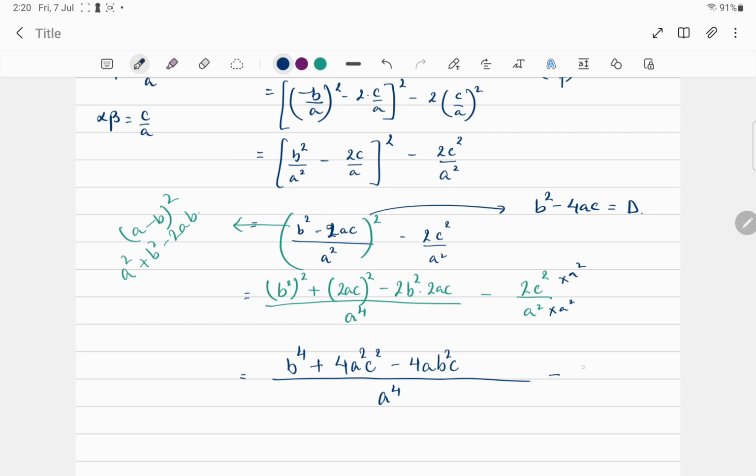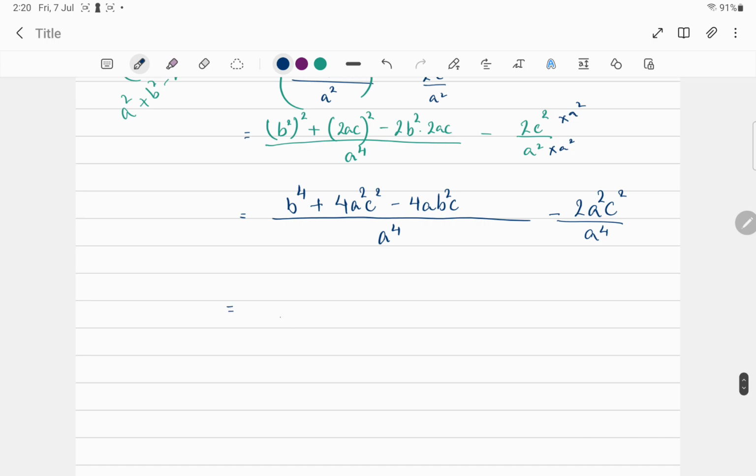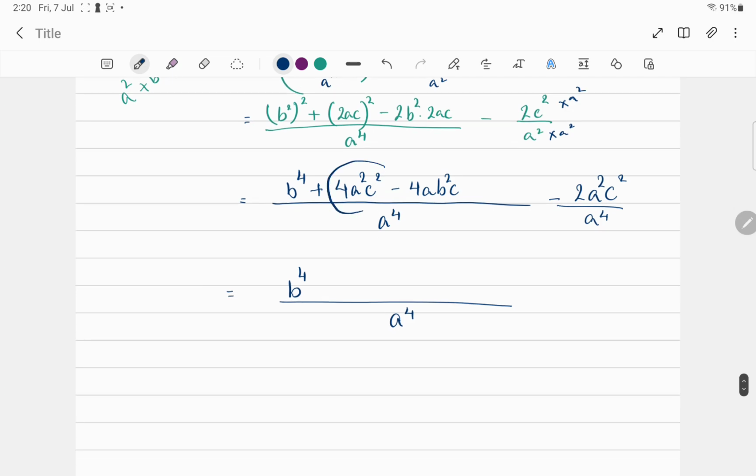And here you have minus 2a squared c squared over a to the power of 4. Now we can have a to the power of 4 common. b to the power of 4, we just have one, but we have 4a squared c squared here and 2a squared c squared here. So that is going to give us plus 2a squared c squared minus 4a b squared c.